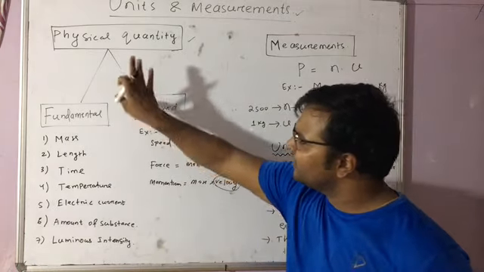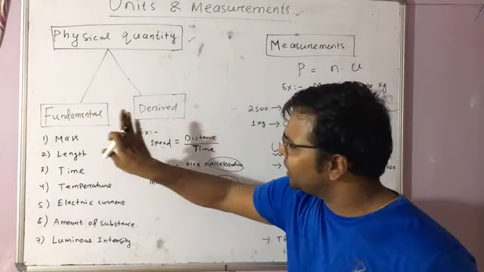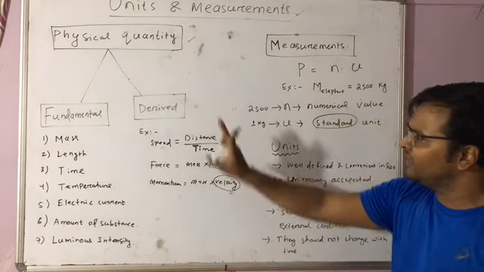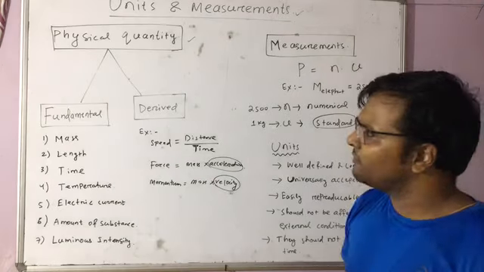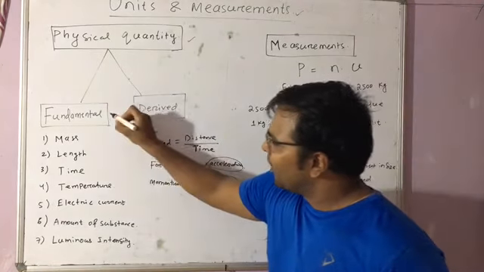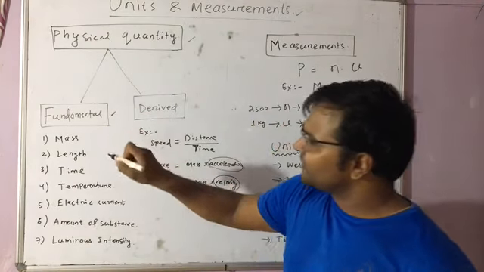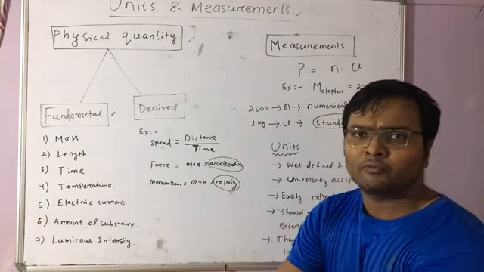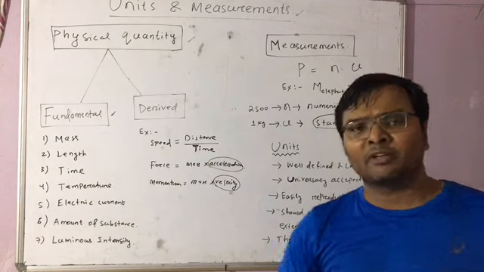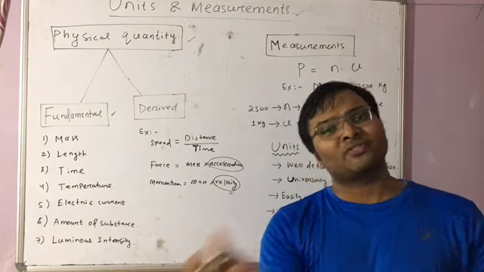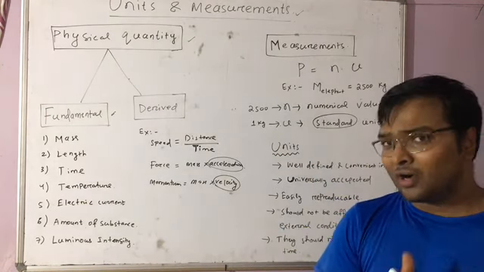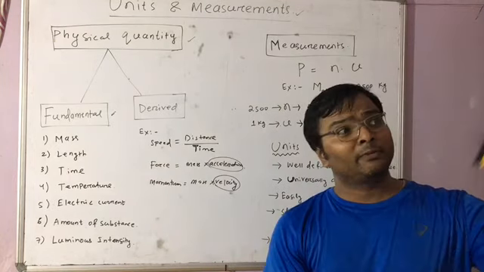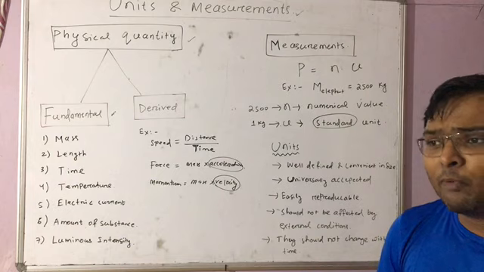Already told, this physical quantity is divided into two groups. One is called the fundamental physical quantity and the second one is the derived physical quantity. Why fundamental? Because it's not like all the physical quantities came to physics from day one when people started learning physics. It depends on our requirement at that point of time.